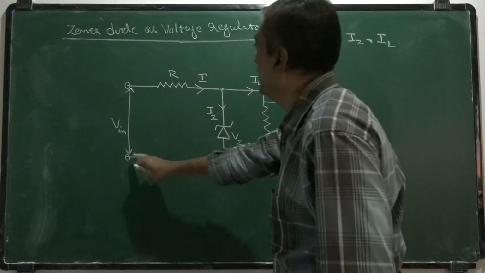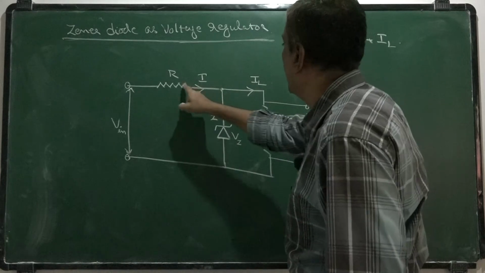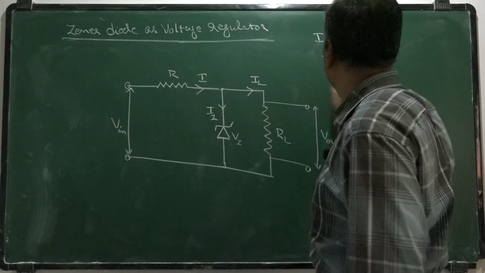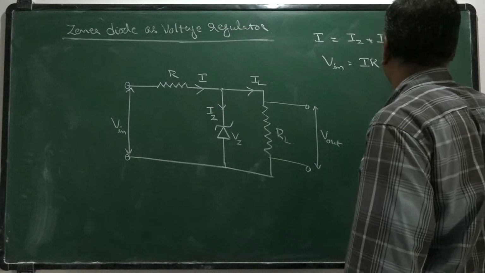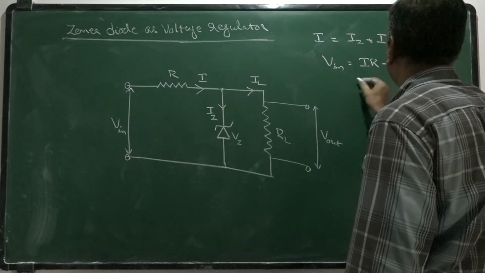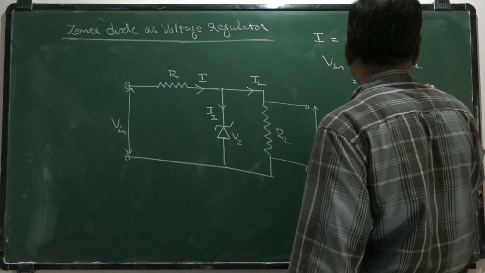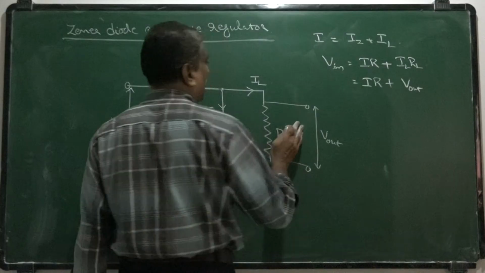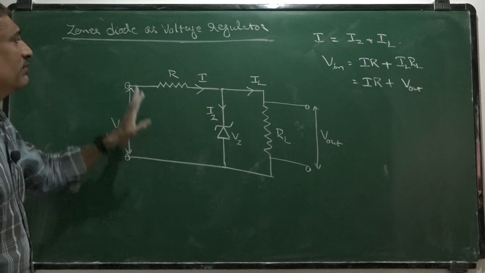And applying Kirchhoff's second law, the voltage law, V input is equal to IR plus ILRL, that is IR plus V out. This is the circuit diagram of the voltage regulator.